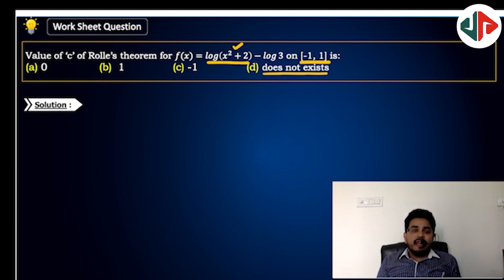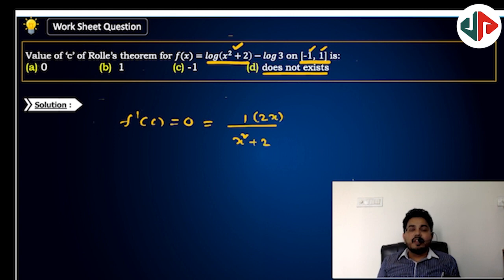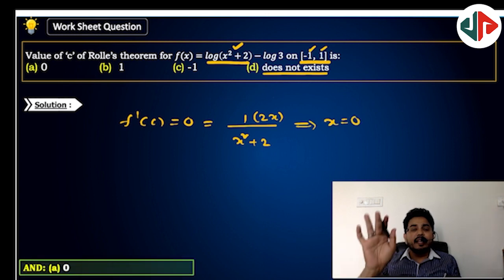So here f dash of c must be equal to 0, because f of minus 1 is equal to f of plus 1. The derivative of this is 2x by x square plus 2. So at x is equal to 0 is the answer.